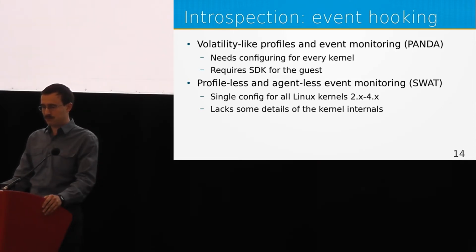But it also doesn't require tuning for the specific kernel, but it still has limited capabilities because we don't know details of the kernel. For example, it cannot iterate through the list of the processes because this approach doesn't configure it for the specific kernel build.